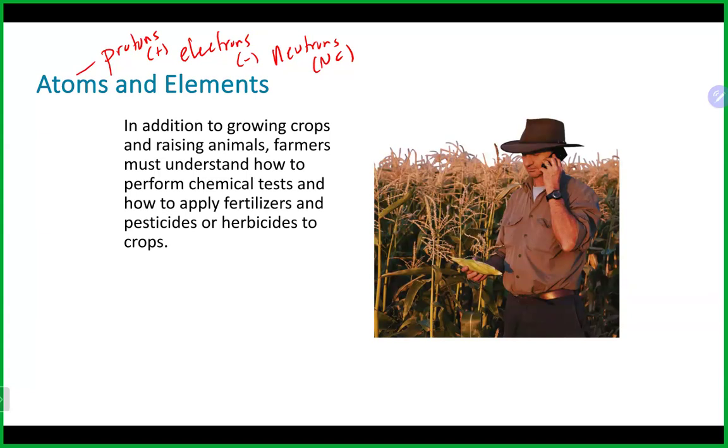So when we talk about elements, a couple of reminders, there are also molecules. And a molecule is a basic definition: pretty much all you need for that is 2 or more atoms together.